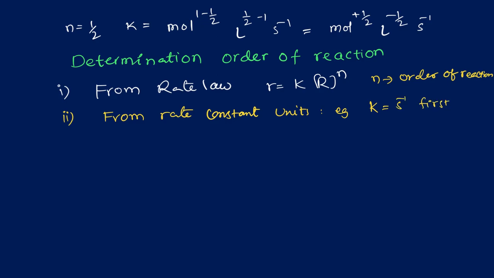The first order. Next, mole inverse 1, liter 1, second inverse 1. This is which order reaction? N equal to 2. Like this we can determine the order of reaction.